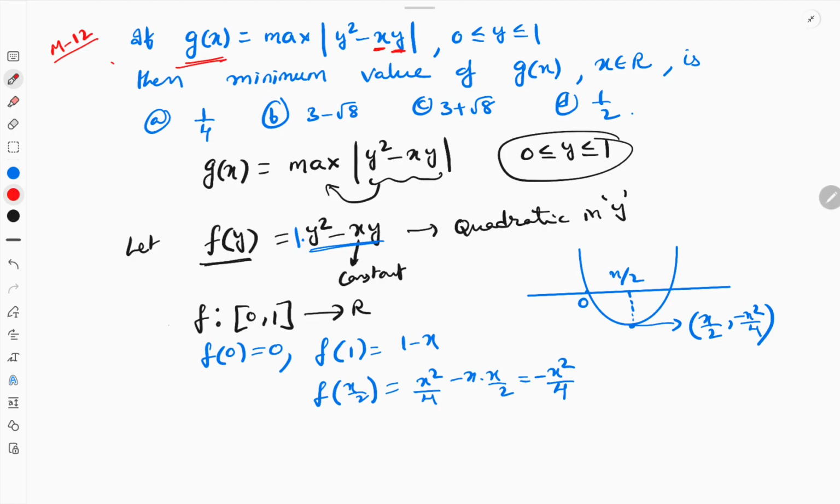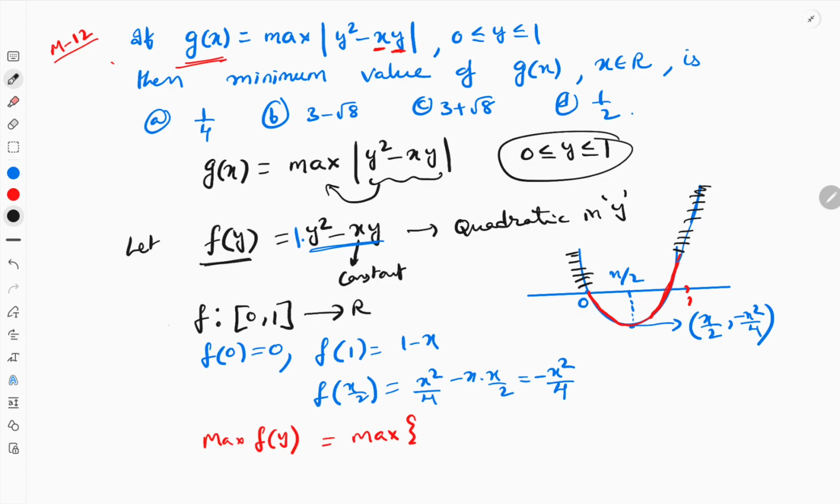So the maximum of f of y would be one of these values, because the domain of f is only between 0 to 1, and we need not consider the remaining portion. You can ignore the remaining portion because the domain of f is 0 to 1. So between 0 to 1 only we are discussing.